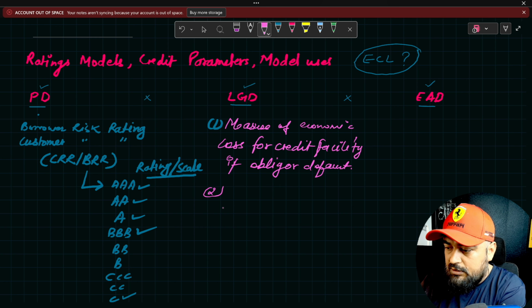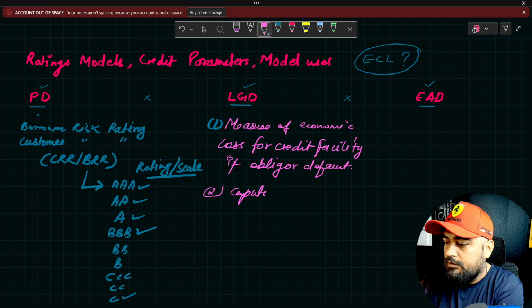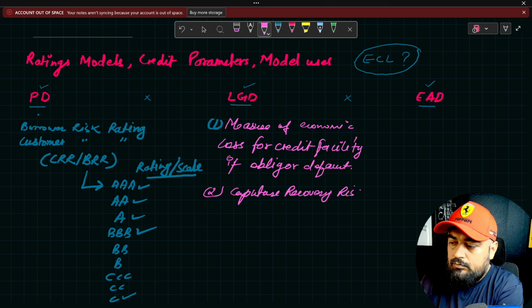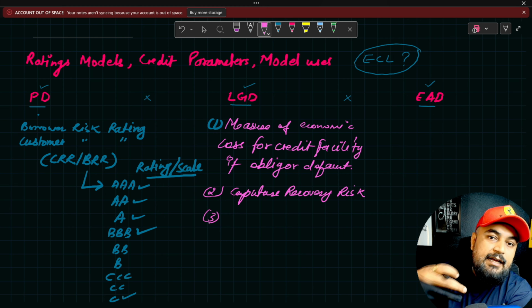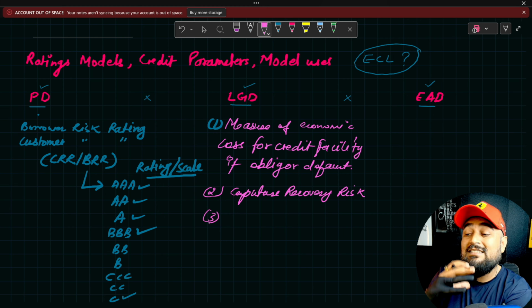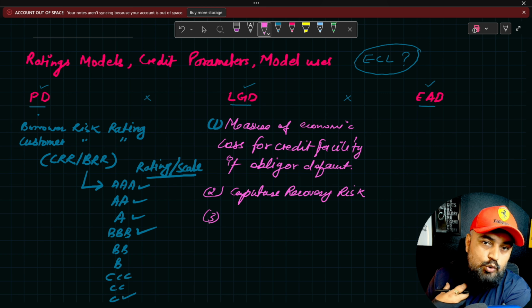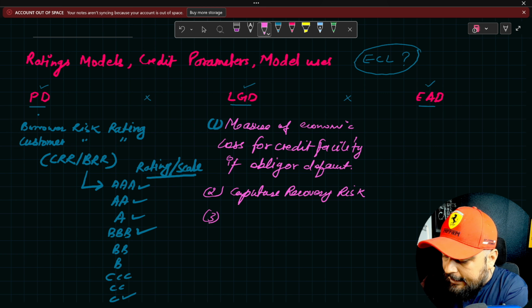Second thing, it helps capture recovery risk. It helps banks understand and capture how risky the recovery is in this particular case, and how much impact this recovery will have on us if it is not properly going in the right direction, okay?